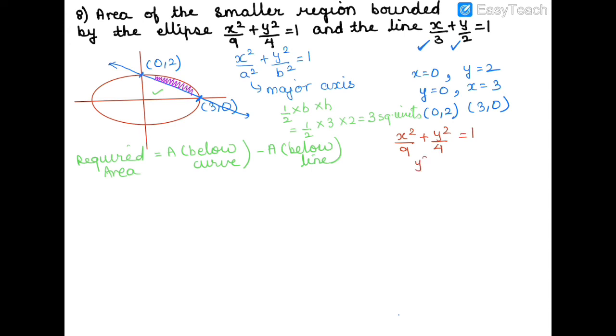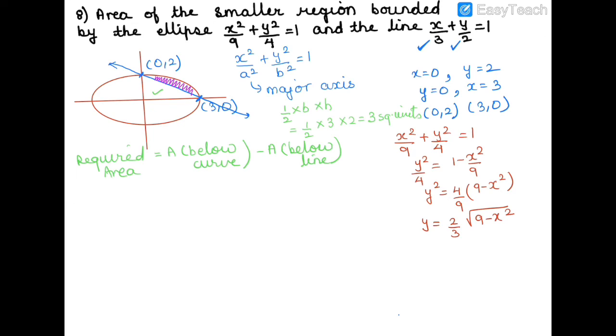So I can write down y square by 4 is equal to 1 minus x square by 9. Same ways, y square is equal to, this 4 gets cross multiplied, and when I take the LCM, 9 minus x square and divided by 9. So the value of y is 2 by 3 and under root 9 minus x square, like this.